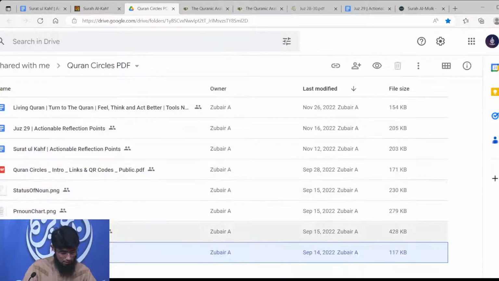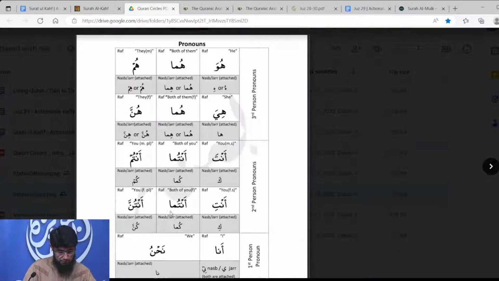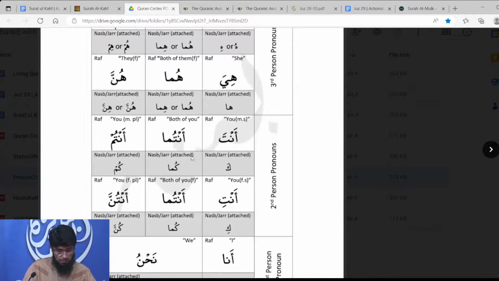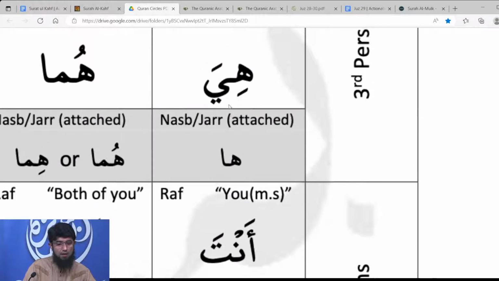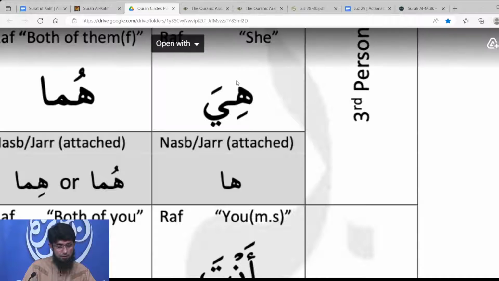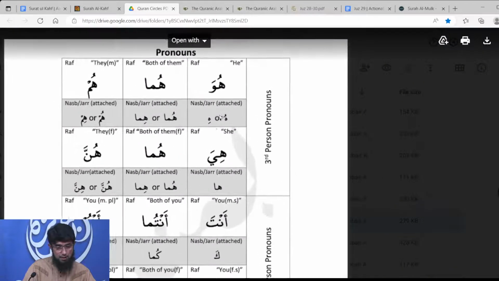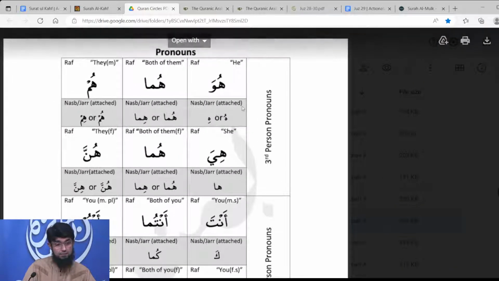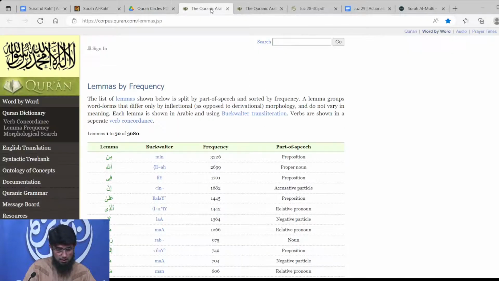You can look at your pronoun chart right here. This is it. Hiya, ha. So ha is for "her," okay, and hu or he is for "he." So we just saw that actually.